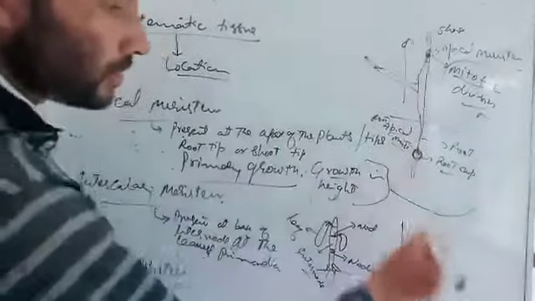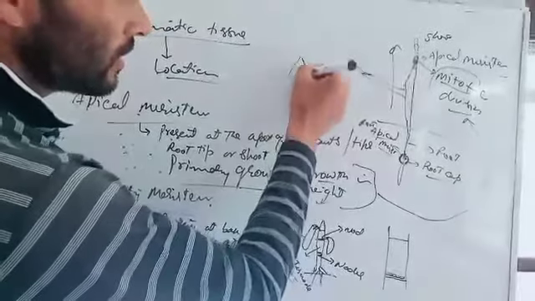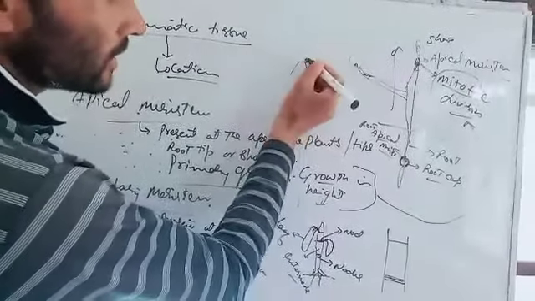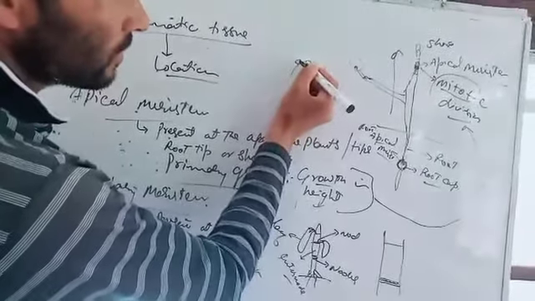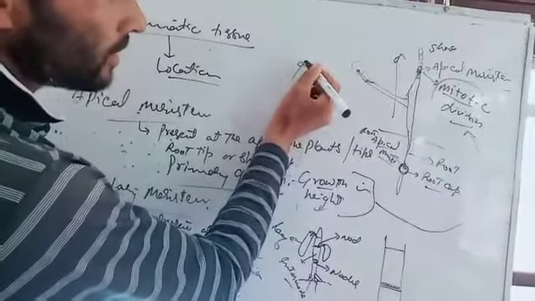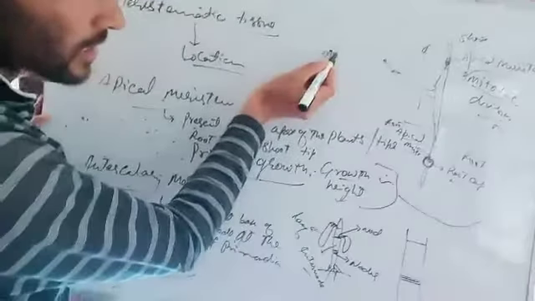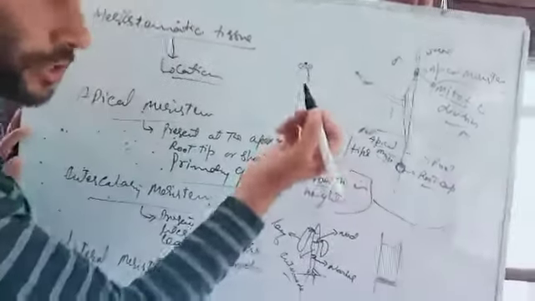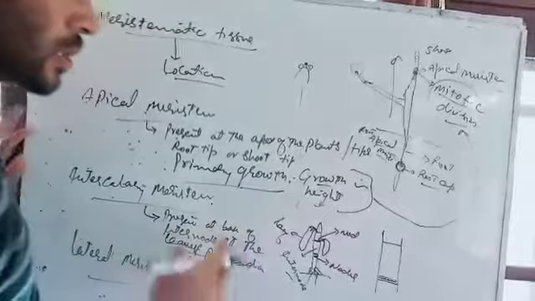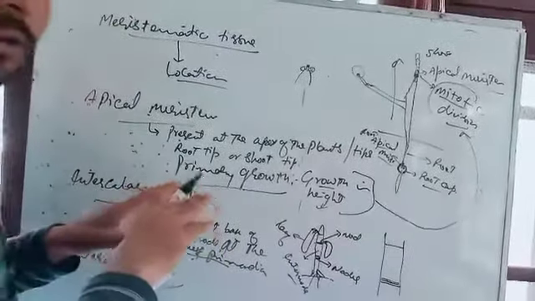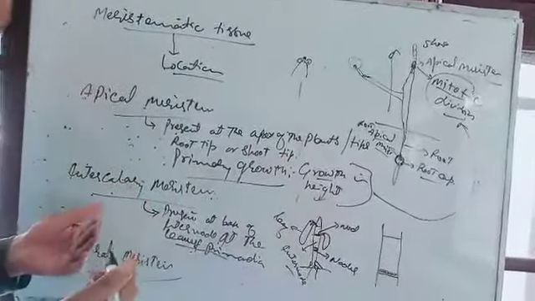If I show you here, the tip of the plant is like this. It is the apical meristem, and these are leaf primordia, from where the leaf originates. And the leaf also gets formed by the intercalary meristem.